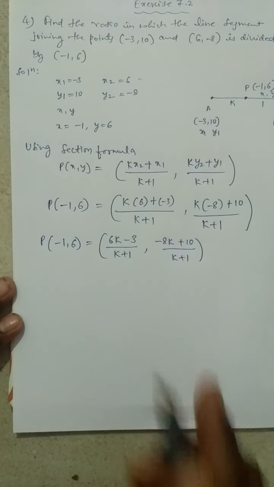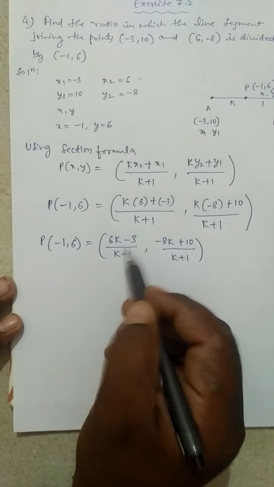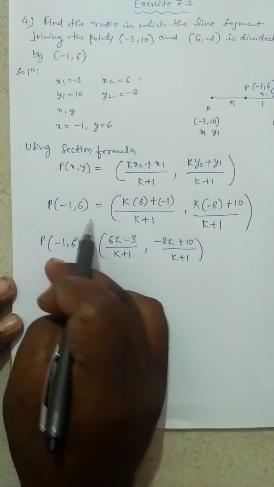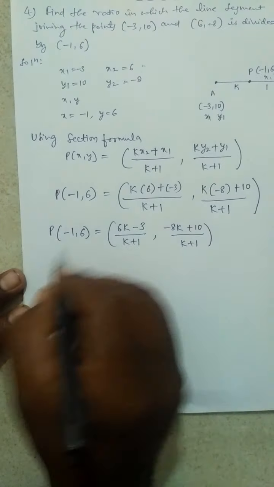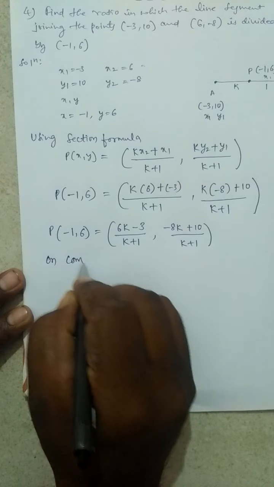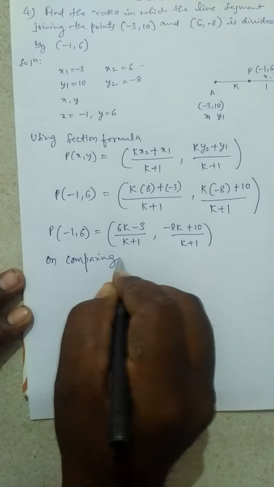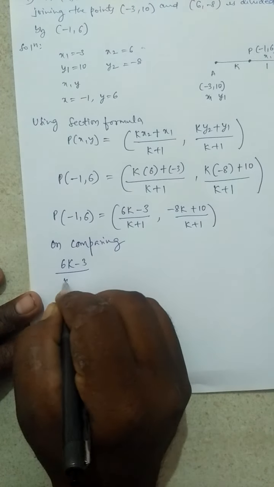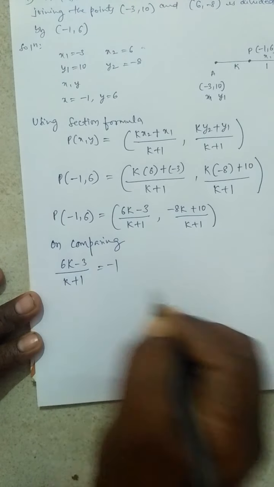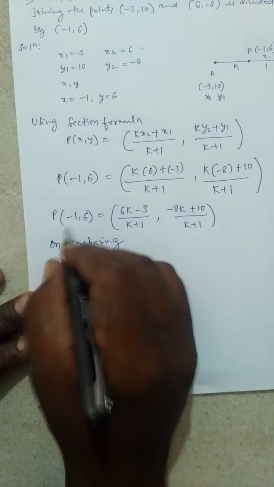Now we have to compare. This is the x coordinate. The x coordinate part you have to compare with -1, and the y coordinate part you have to compare with 6. So on comparing, this is (6k - 3)/(k + 1), this is equal to -1.